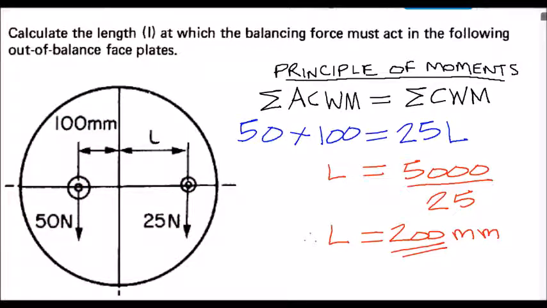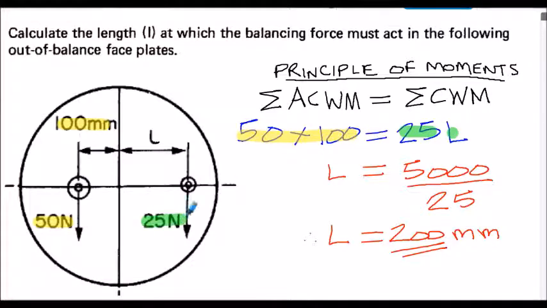So very straightforward little calculation. The anti-clockwise moment would be the 50 Newton force multiplied by, I'm using millimeters in this particular example, 100 millimeters. That would be the anti-clockwise effect from that force times distance, and that's balanced by the clockwise moment. In this case, that would be 25 newtons multiplied by whatever the distance L is.